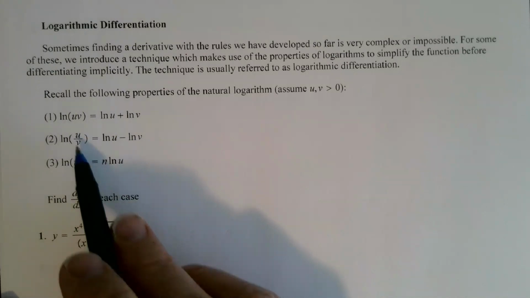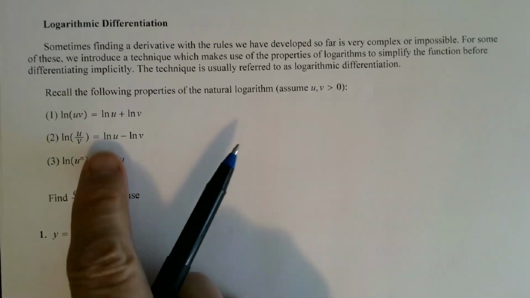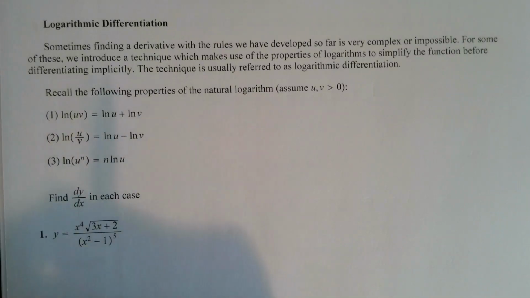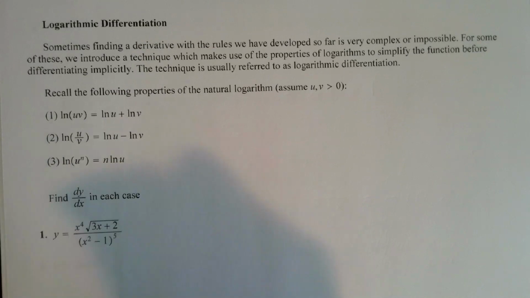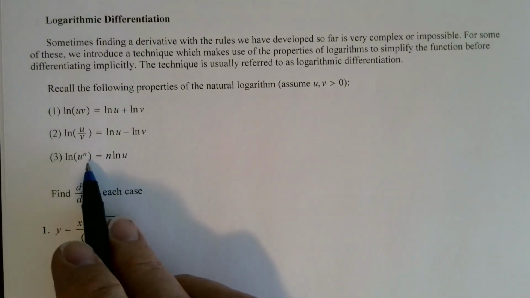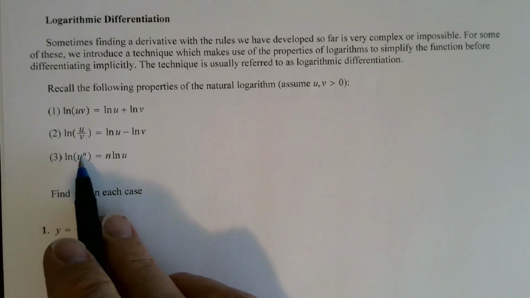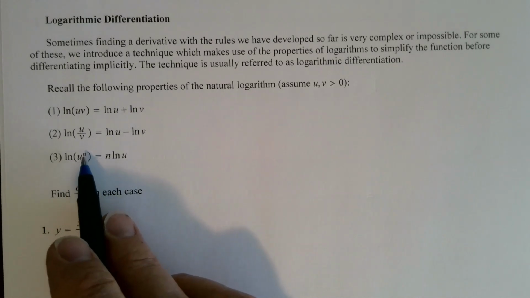and that's because, again, if I'm dividing like bases to different powers, we subtract the powers. We subtract the logarithms. Again, logarithms are those powers or exponents on the base. And then here, the natural log of u to the n is n times natural log of u. So in other words, what are we saying here? If I raise an exponential expression to another exponent, what do we do with the exponents?